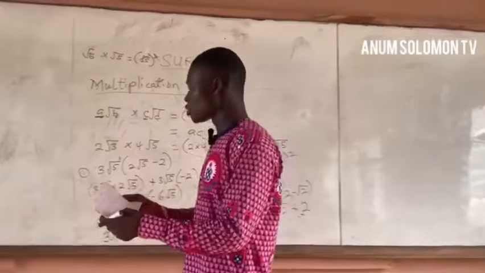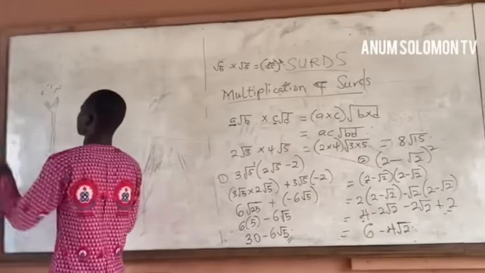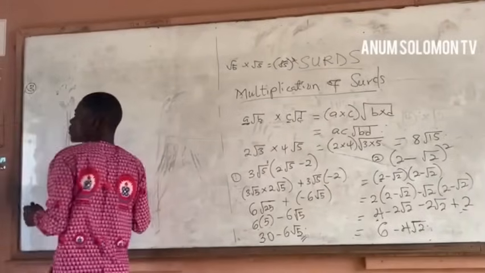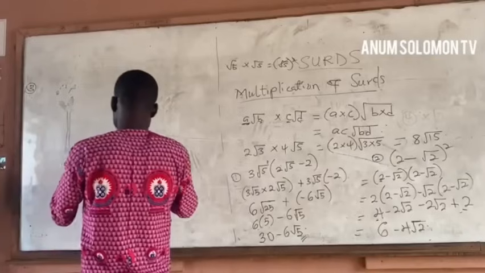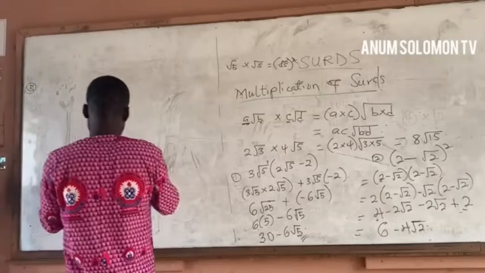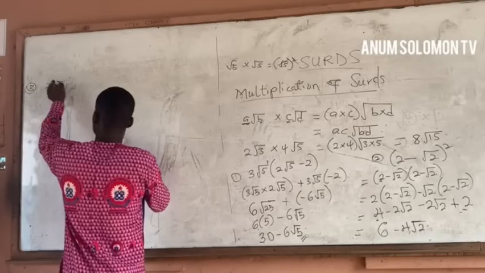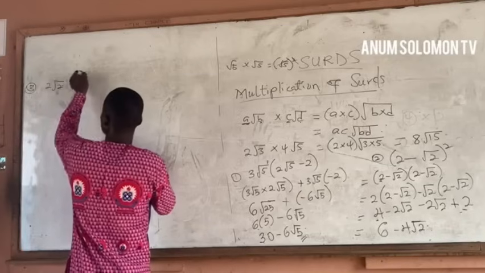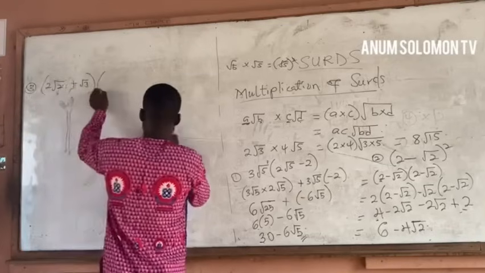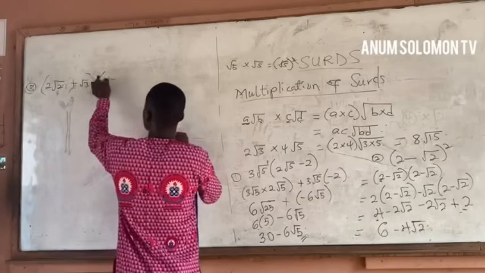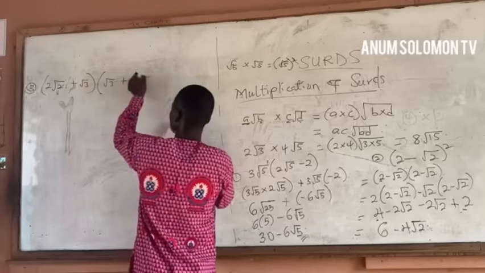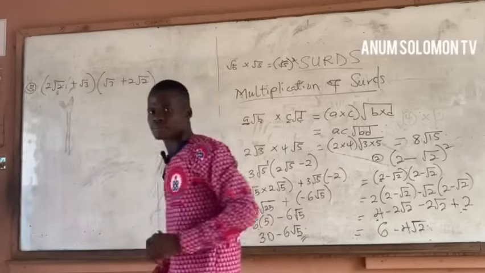Now, let's move to look at the problem number 3. Problem number 3 is we have to expand 2 root 2 plus root 3 times root 3 plus 2 root 2. So we have to expand this.